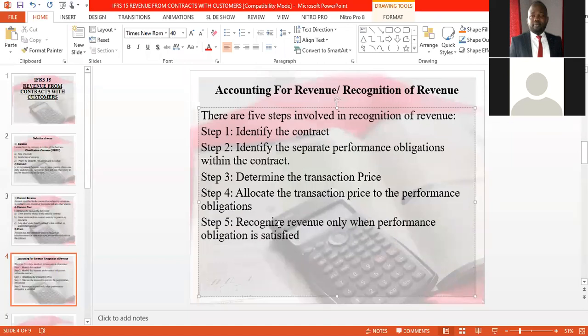Actually, from around 7 p.m. up to 8 before we end the class, we'll be looking at this last step, but in complex examples, not straightforward examples. So allow me to move on. The first question I want to cover is not in the notes, but I've attached it in the Excel sheet. The first example is on recognition of revenue.